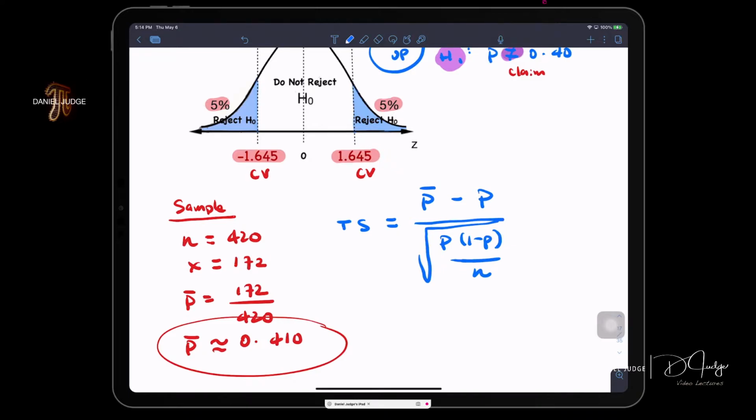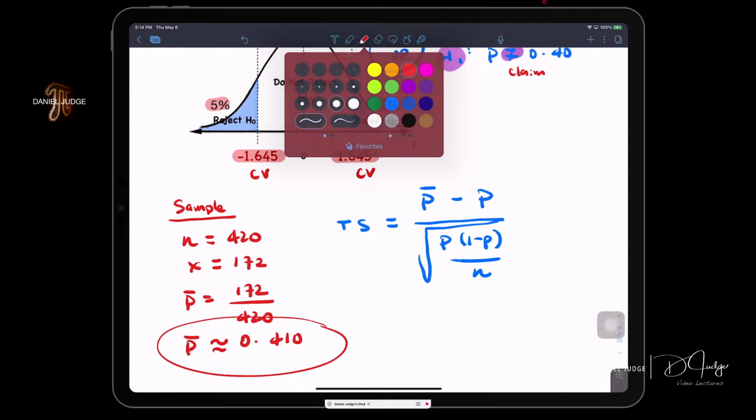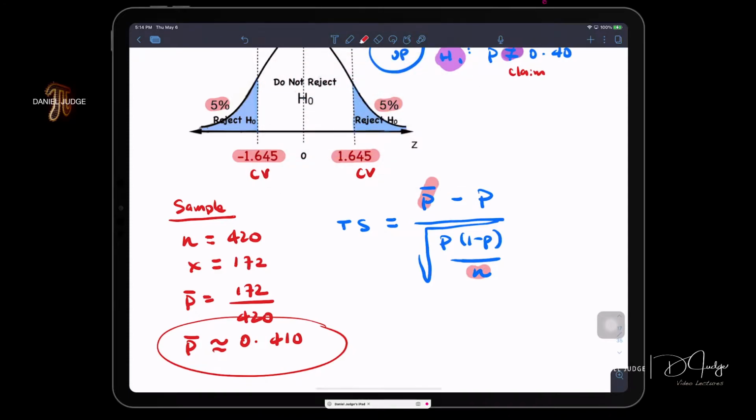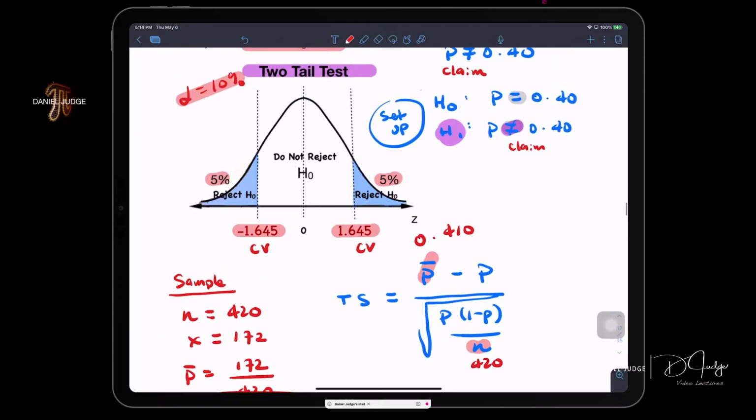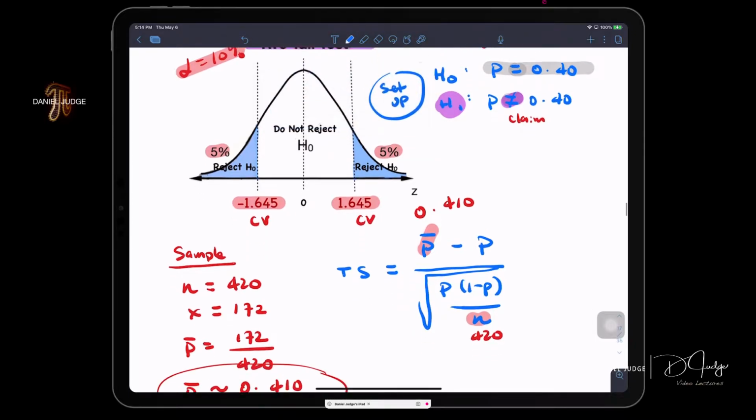I'll even say sample proportion, sample size. We computed that already: 0.410. Sample size was 420. And then P is up here. P is 0.4, that's 40%.